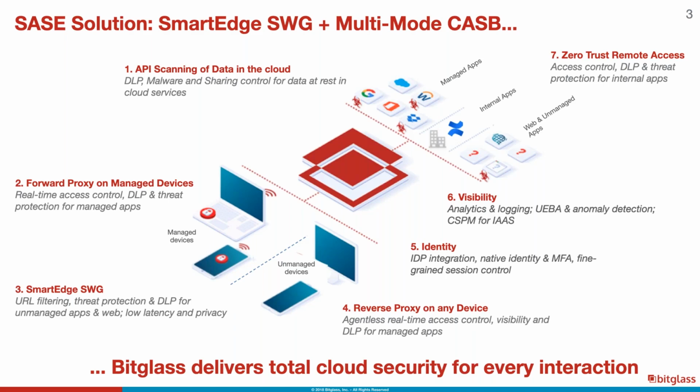If it's a managed system, it can be challenging, but if it's a bring your own device, you are not even allowed. The extras you get from a forward proxy are the real-time analytics, the DLP, the real-time threat protection. So all the benefits are already there. The only downside is that you still need to install an endpoint.